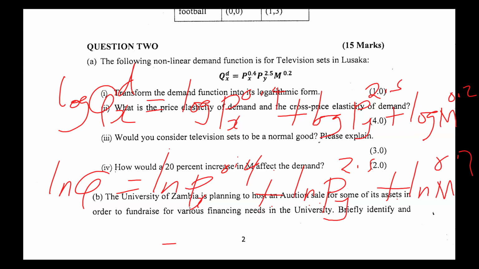So in short, to transform this into linear, you have to introduce the logs everywhere, and make sure you are introducing a plus sign everywhere.